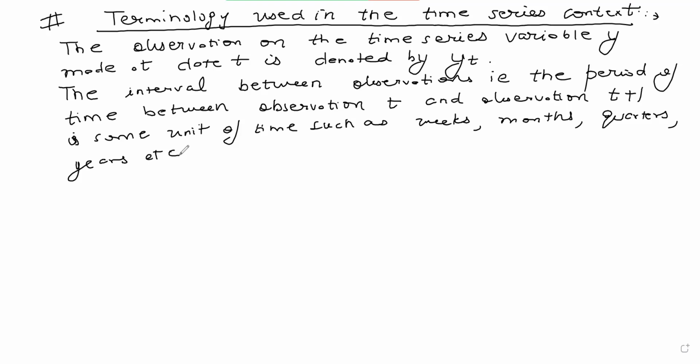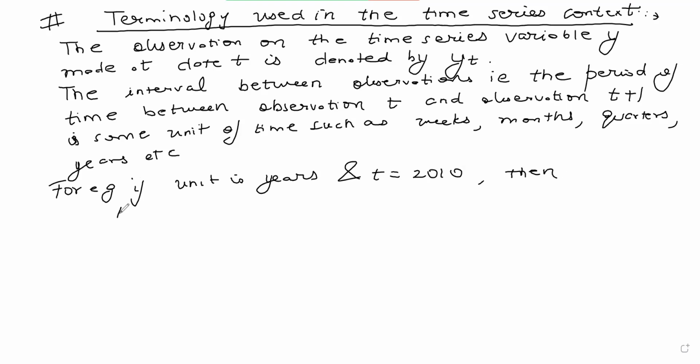So for example, if the unit is years, if I measure time in years and t is equal to 2010, then t plus 1 will be the year 2011, t plus 2 will be the year 2012, and so on.